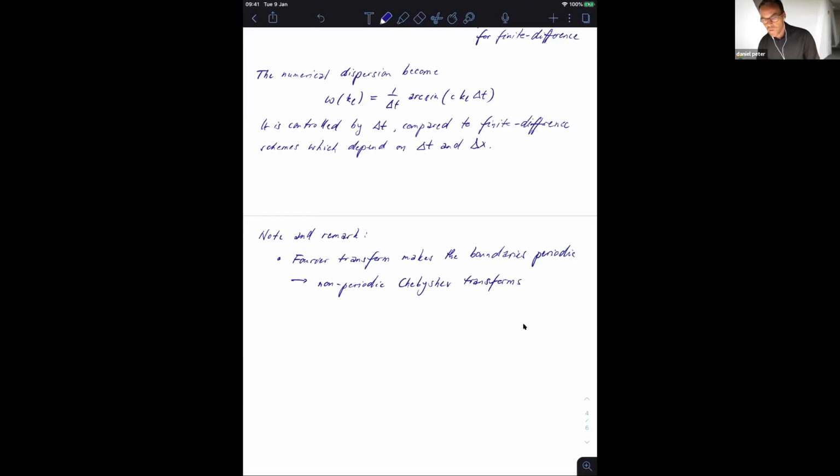But again, the Chebyshev transform implies that the surface is flat. It cannot account for topography, for example. So then you would have a Chebyshev transform in depth and the Fourier transform, for example, laterally.